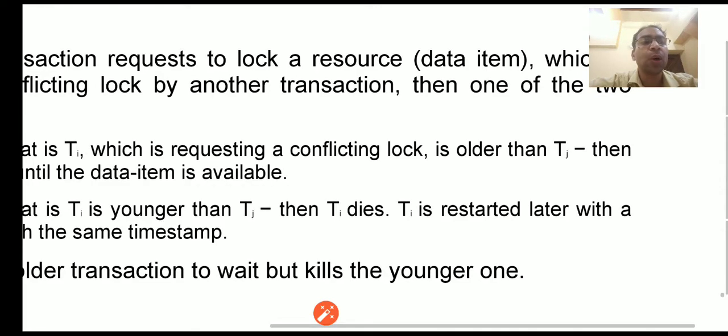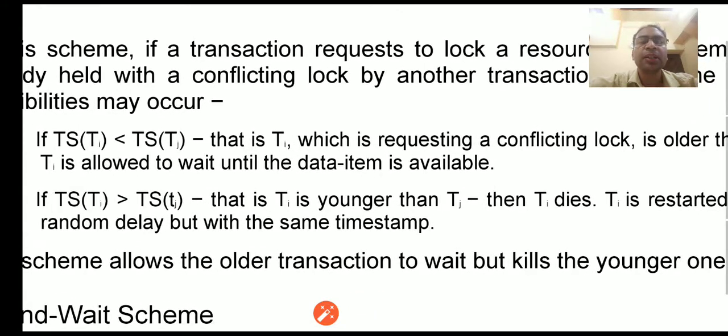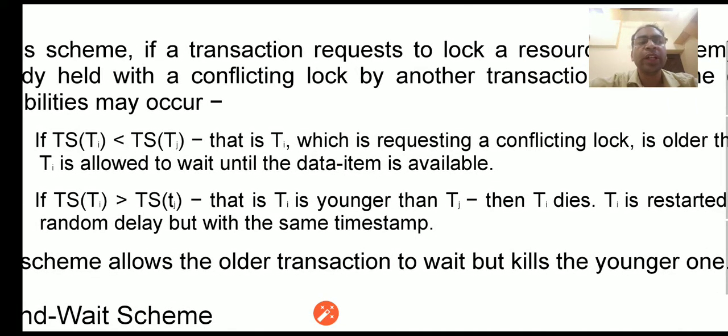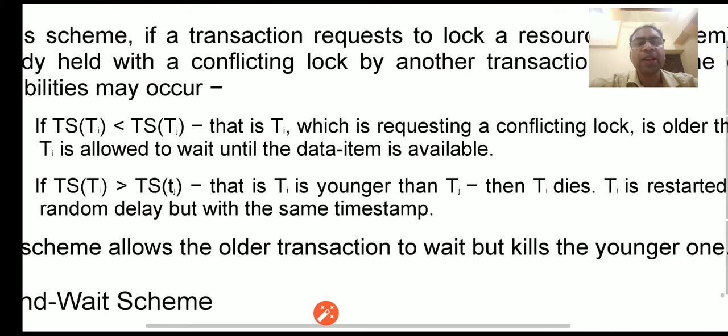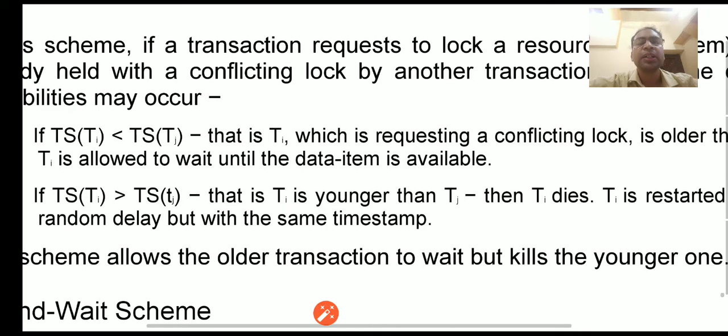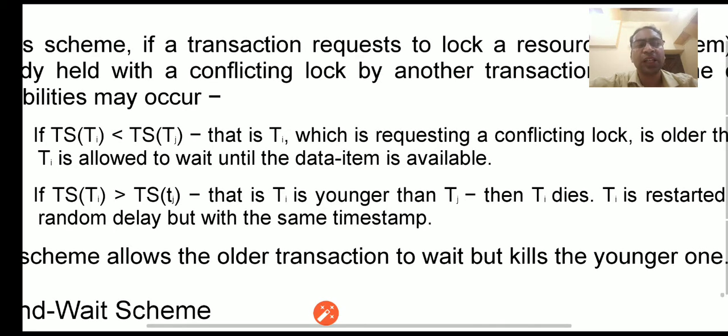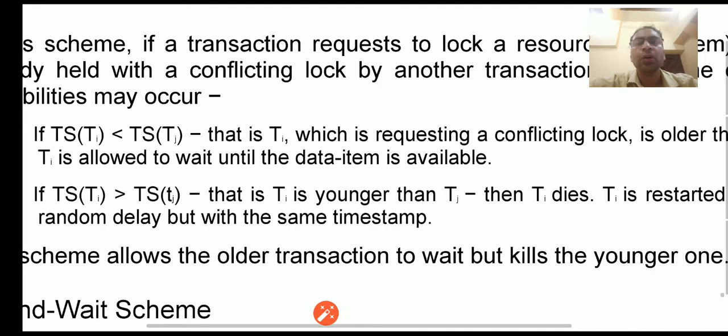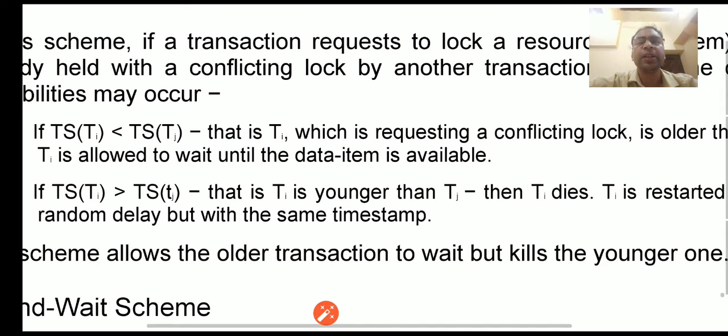If the requesting transaction is older, then it is allowed to wait until the data item is available. So if the new transaction trying to access the data item is an older transaction with a lot of age, it will be allowed to wait until the data item is free, and once it is free, it will be provided the data item.